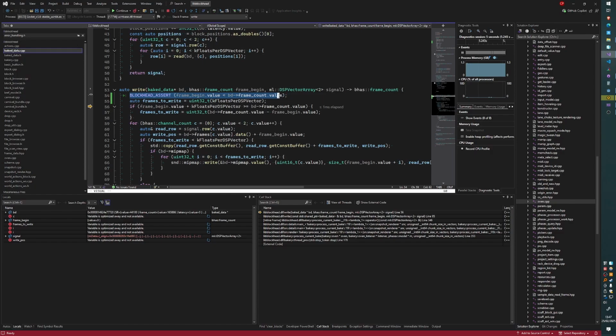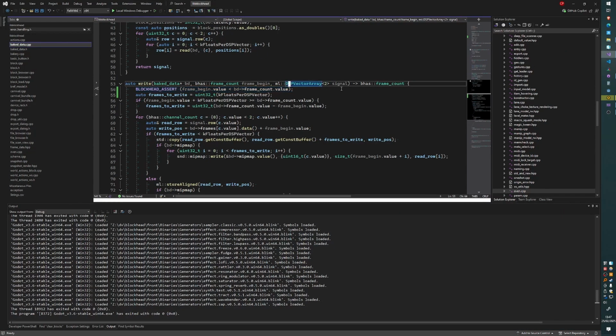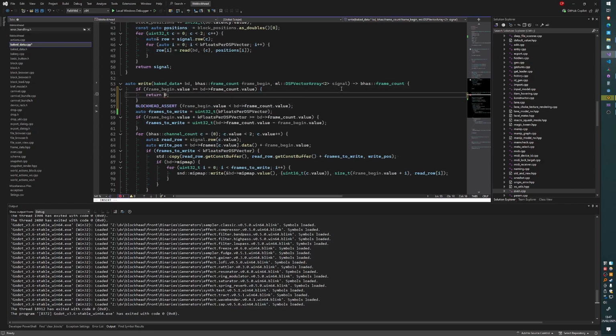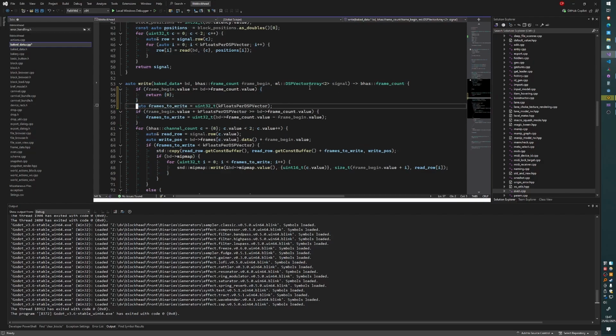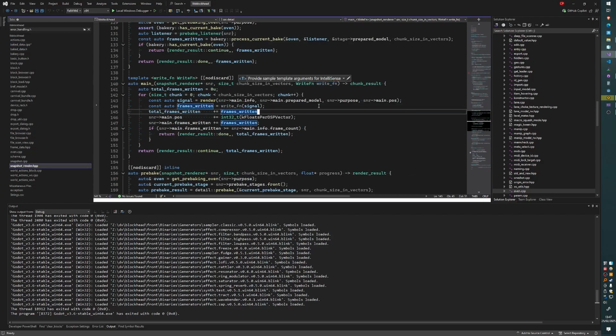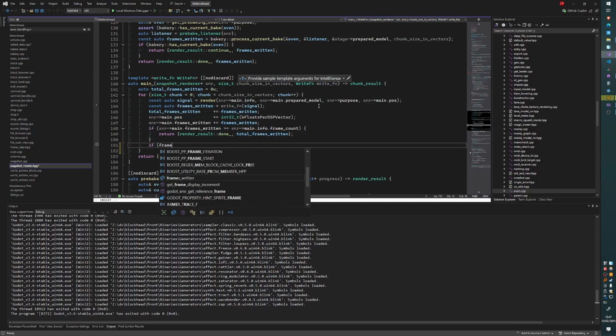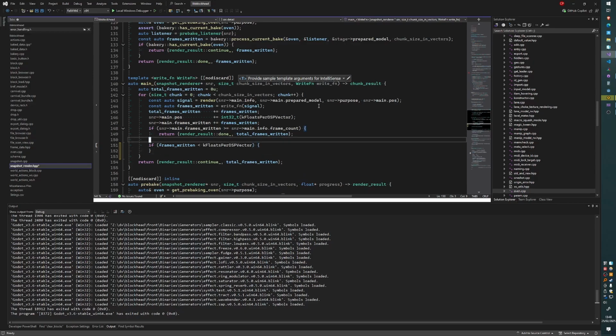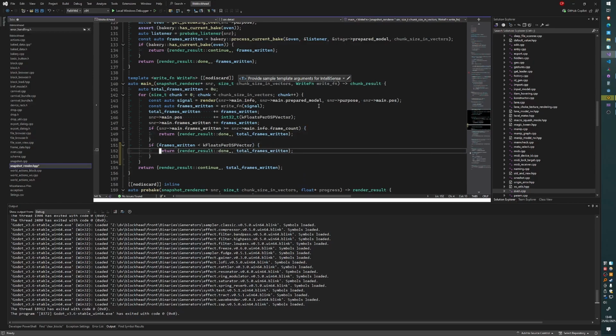This shouldn't be an assertion. If this is like this, then just return 0 to say, yeah, we didn't write any frames. And that's actually fine. And then the other issue is at this level, we should actually check if frames written is less than the size of a vector. And if it is, we do this. We're done.